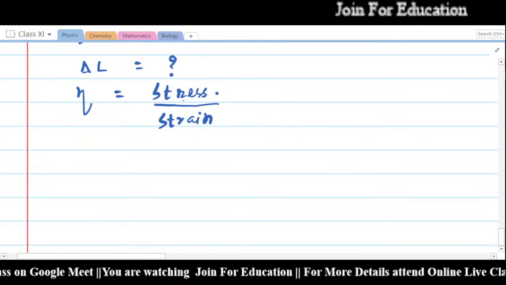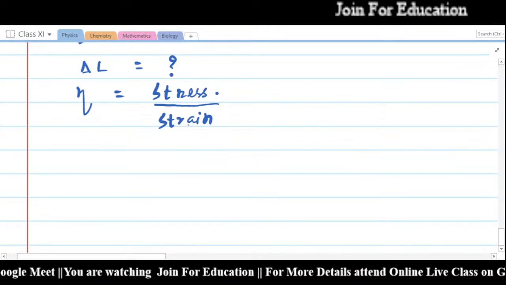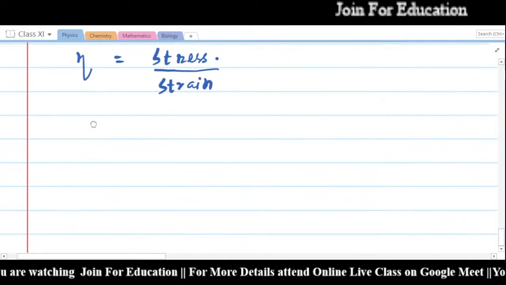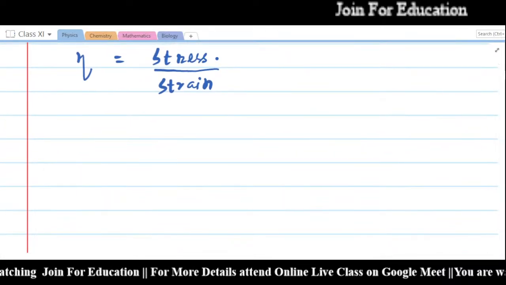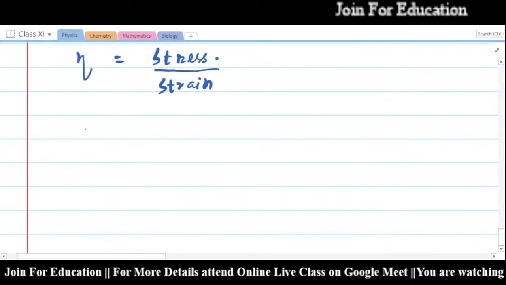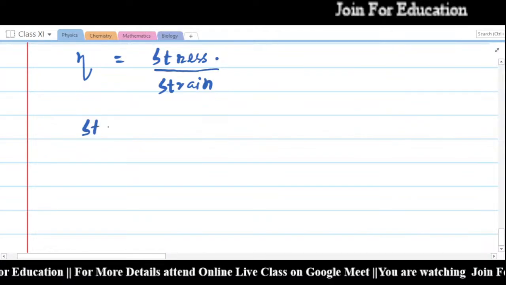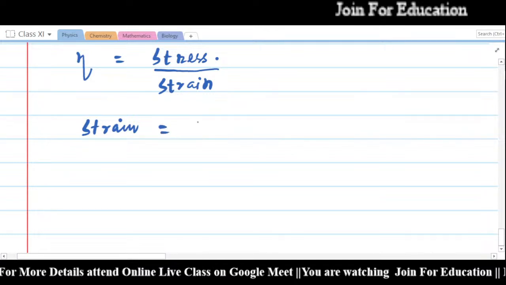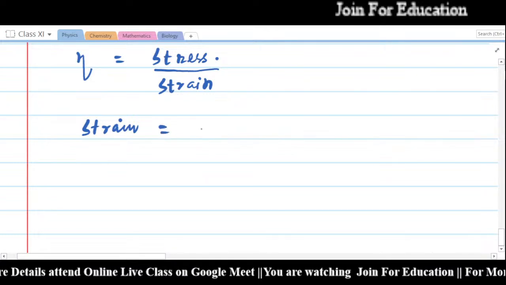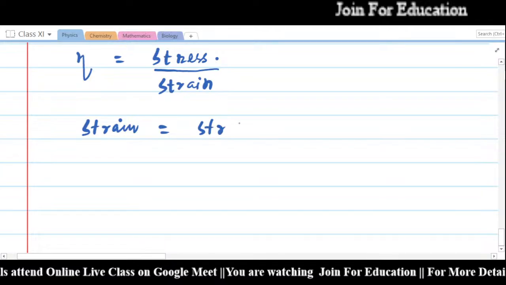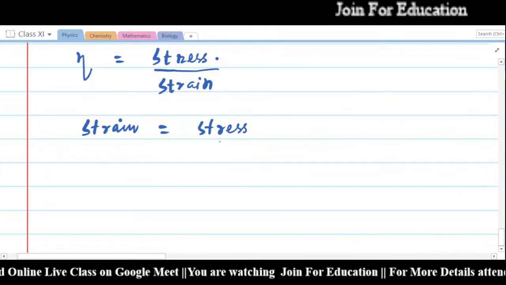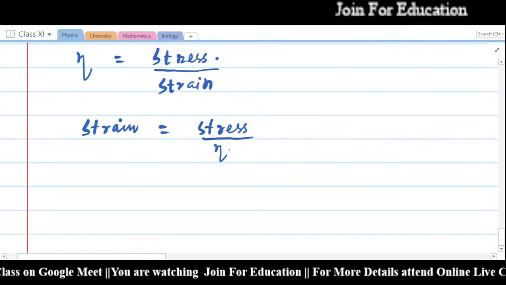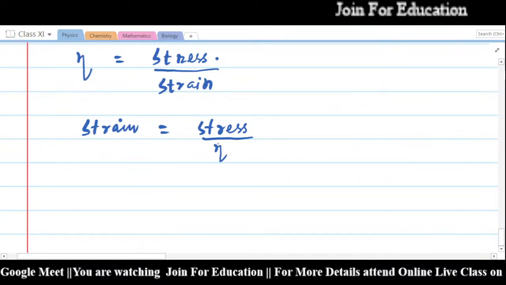So this is the shearing stress and this is the shearing strain. After simple calculation, we get here strain equal to stress by modulus of rigidity or shear modulus.